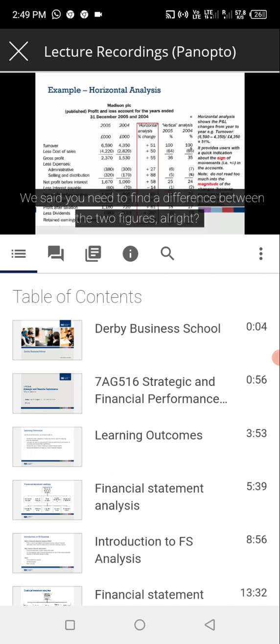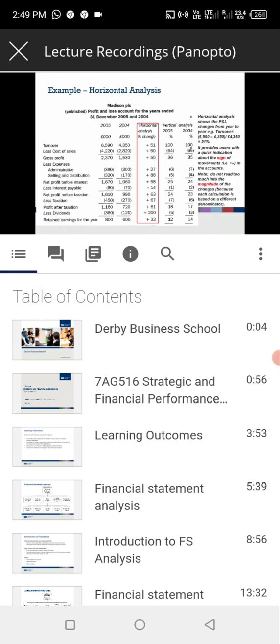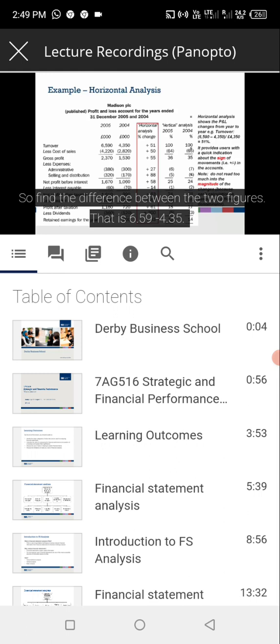We said you need to find the difference between the two figures. All right? And then you divide it by your base year. So here, because we are moving from 2004, we are looking at the percentage increase from 2004 to 2005. 2004 then becomes your base year. Is that okay? So find the difference between the two figures. That is 6.59 minus 4.35.